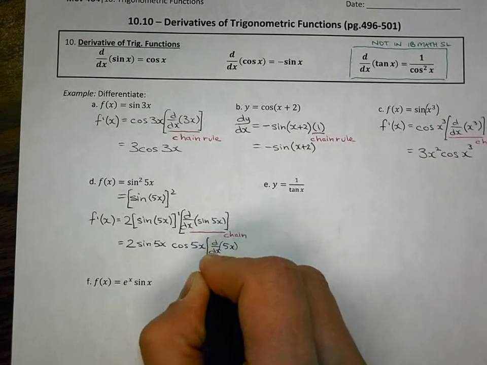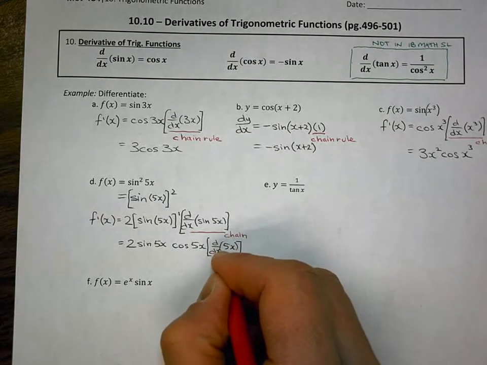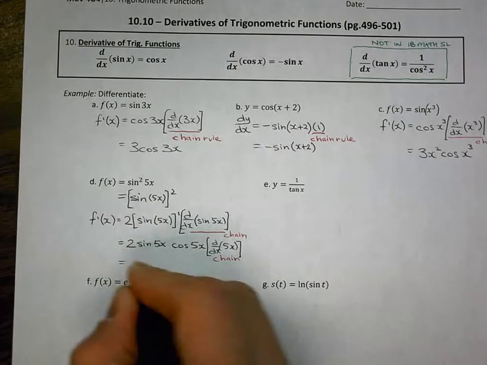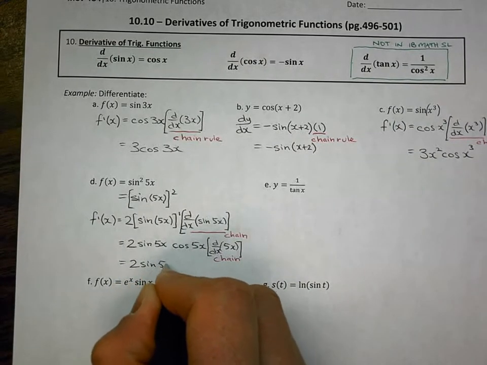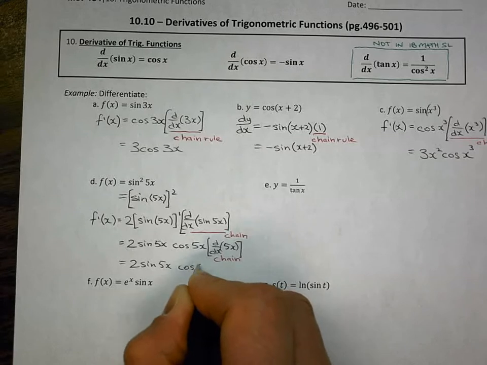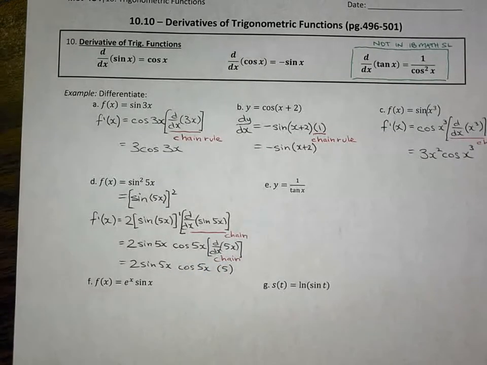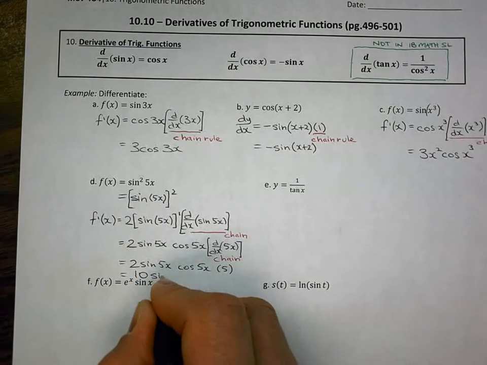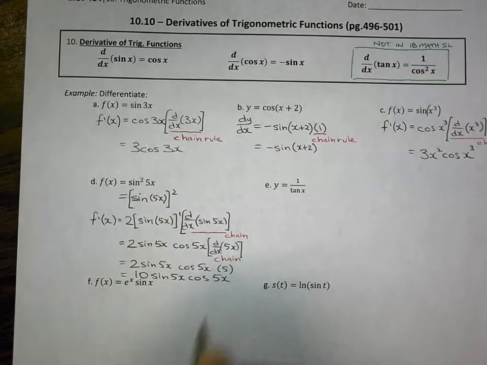So it's actually a chain within a chain. I end up with 2 sine 5x cos 5x, and then I have this 5 here, which gives me 10 sine 5x cos 5x.